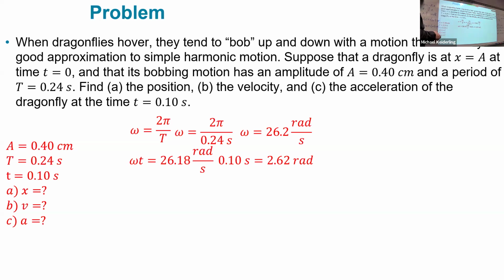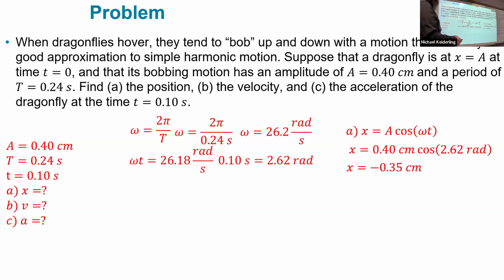Omega t is 26.18 radians per second times 0.1 seconds, or 2.62 radians, just for plugging into things. x is going to be A times cosine omega t. So 0.4 centimeters times the cosine of 2.62 radians. That is negative 0.35 centimeters.